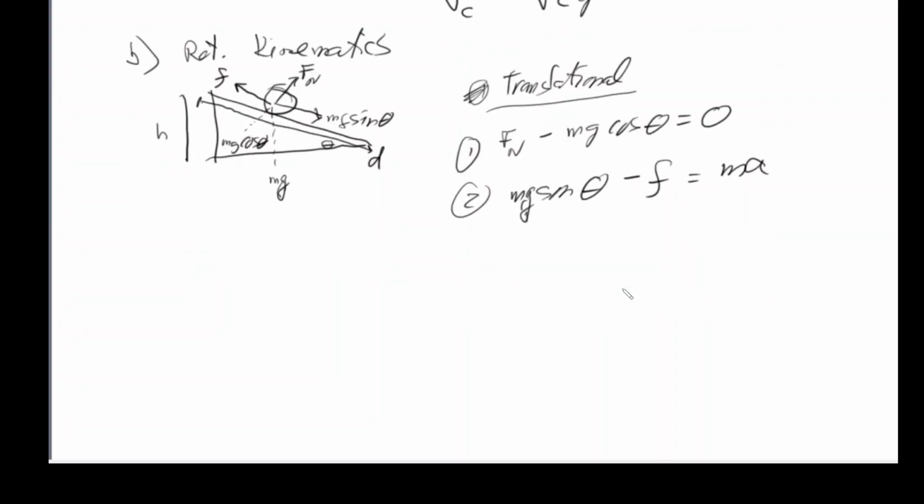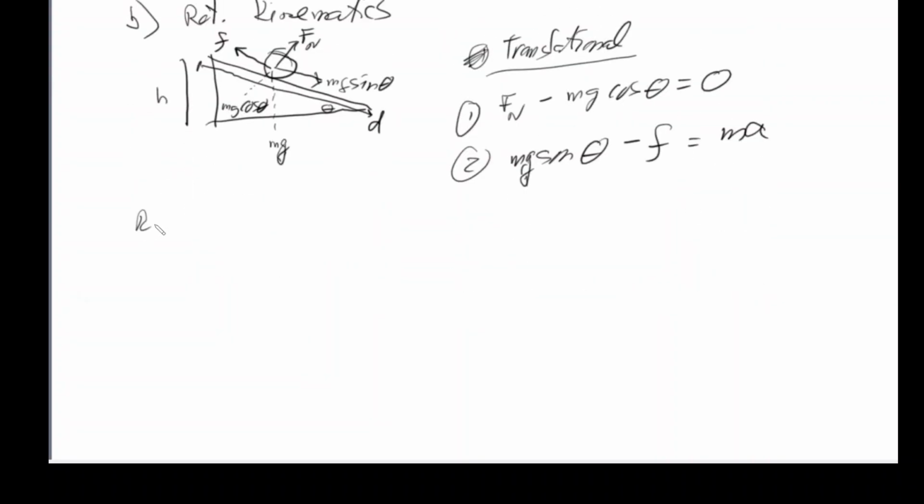Now we want to look at our rotational kinematic equations. And in this case, torque is equal to I of the center of mass times alpha. And the torque is caused by friction. So this friction is actually acting at the bottom of the cylinder, and it's causing the cylinder to rotate.